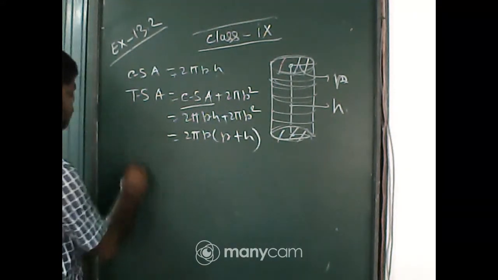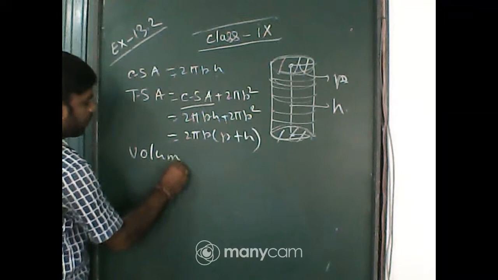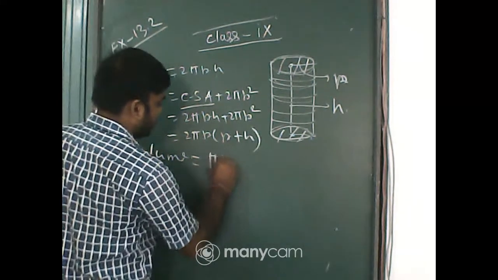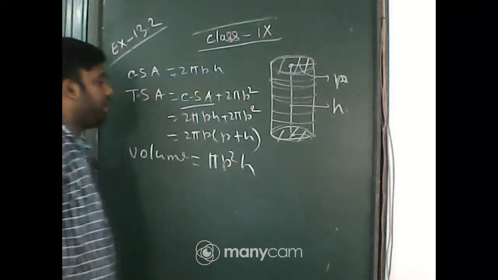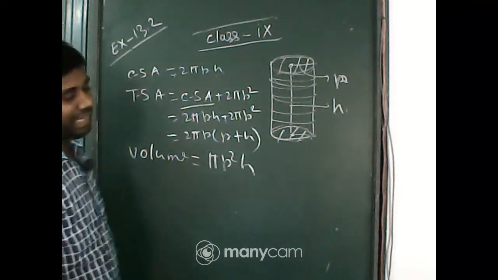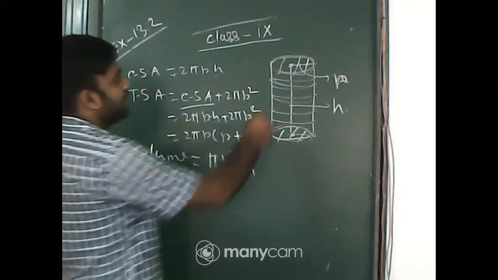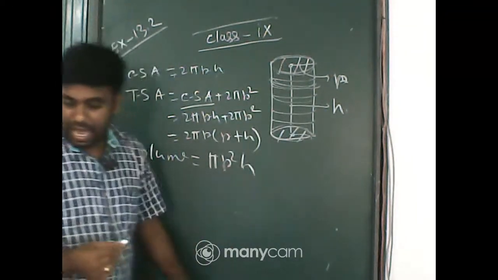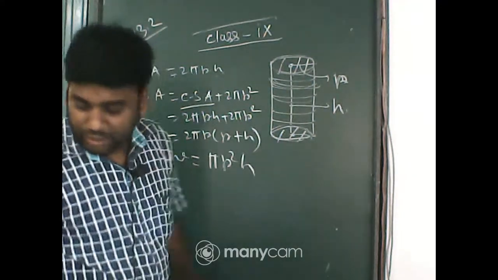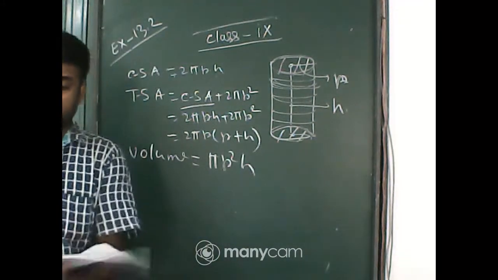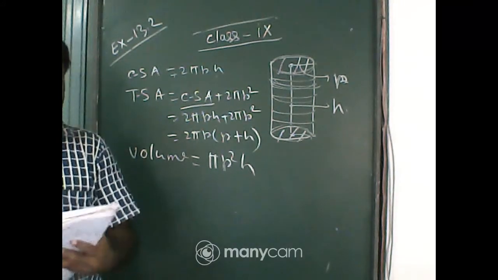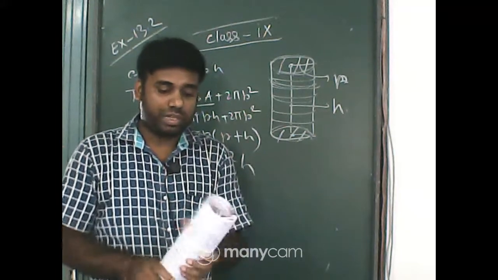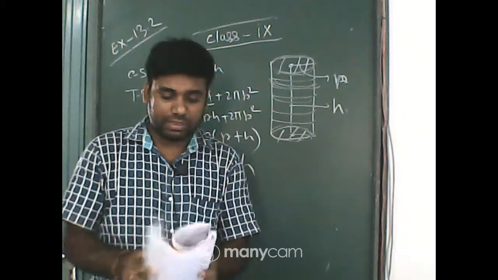Now what is the volume? Volume is very easy, that is pi r square h. Curved surface area 2 pi r h means the side area. And actually if I roll this paper, it can form a cylinder.